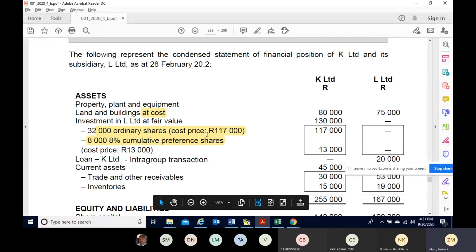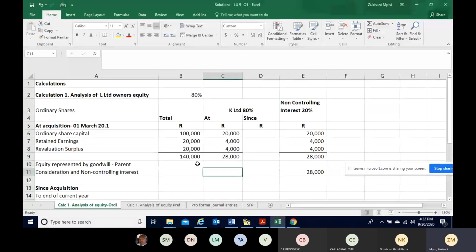So we are told here that the cost price of the investment was 117,000. Remember, the required must not move away from you. You must always keep remembering what was the required.